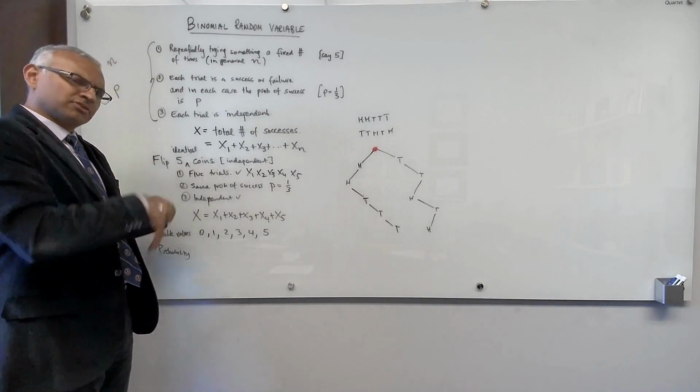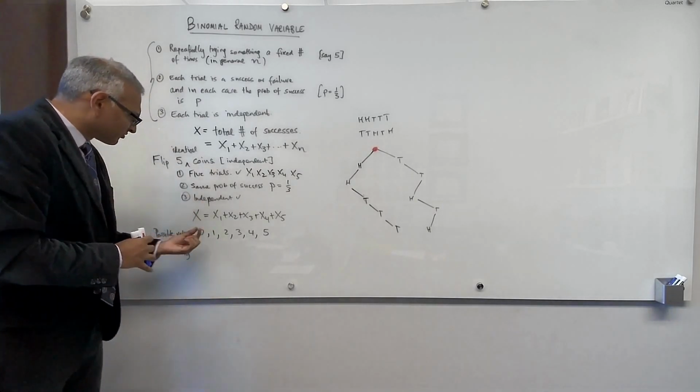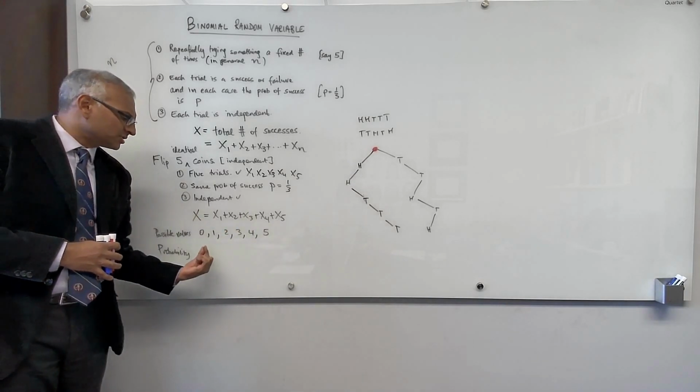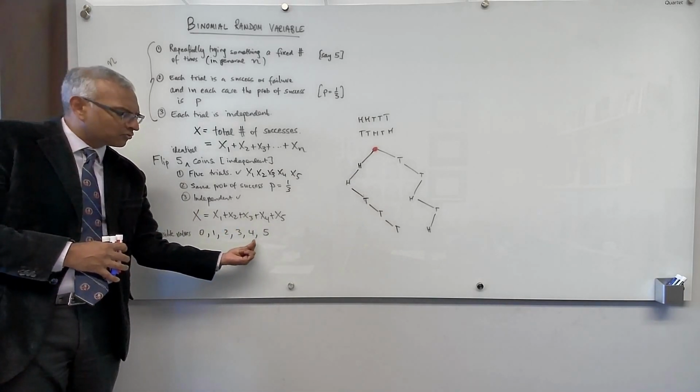Remember, these are complex outcomes. Ultimately, we want to focus on the random variable, the total number of heads, which takes on the value 0, 1, 2, 3, 4, or 5.